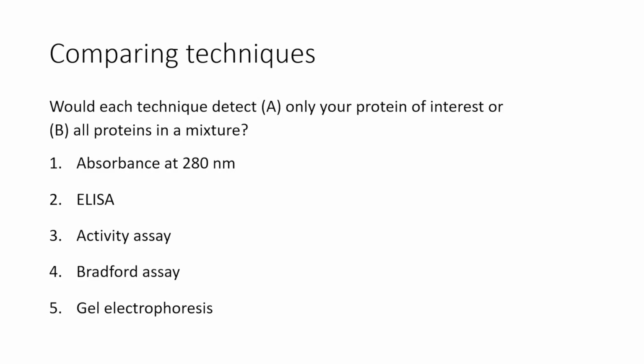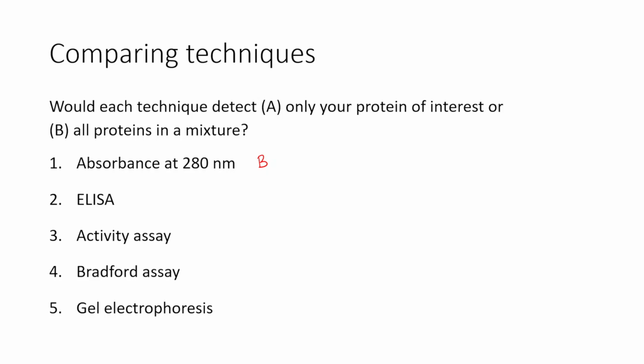So our first one, our absorbance at 280, is that specific for your protein of interest, or does it just measure proteins? Anybody? Yeah, it measures any proteins, right? It's only useful when you know the extinction coefficient for your specific protein, but it's not only looking for one protein. It's just measuring absorbance at 280, which all proteins do to some extent.